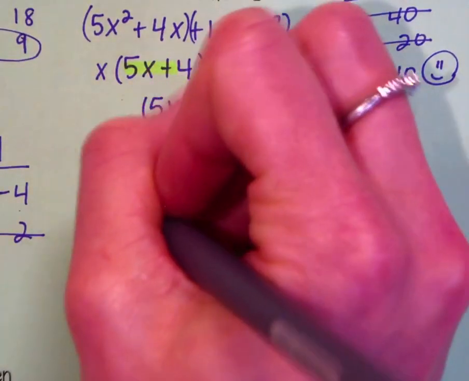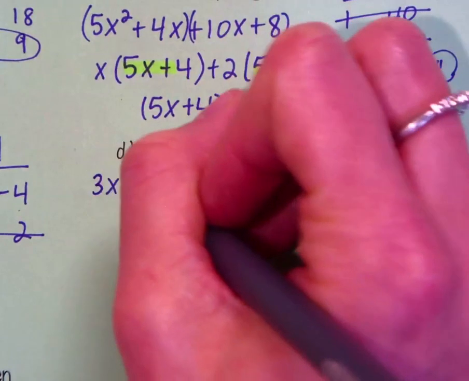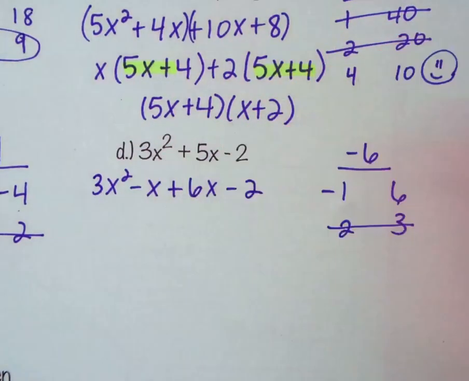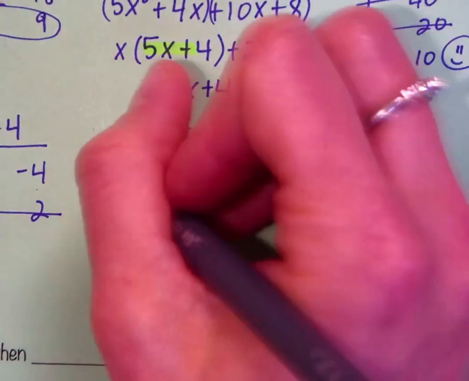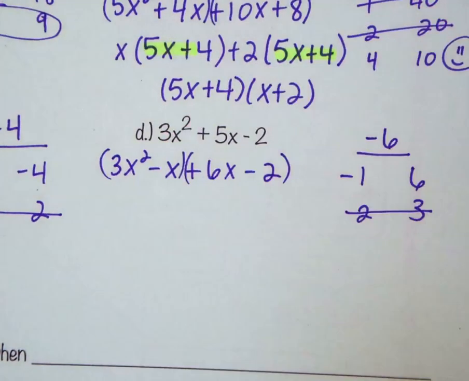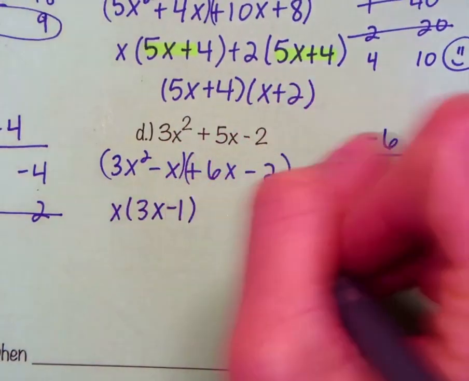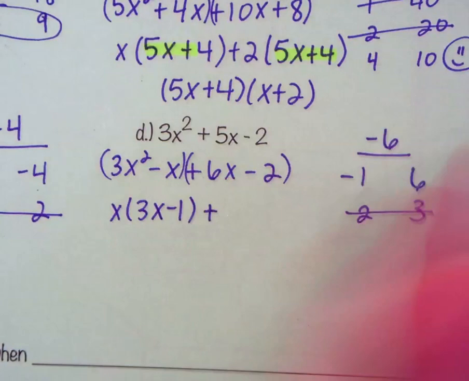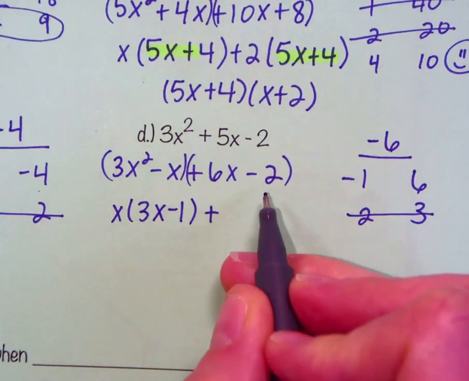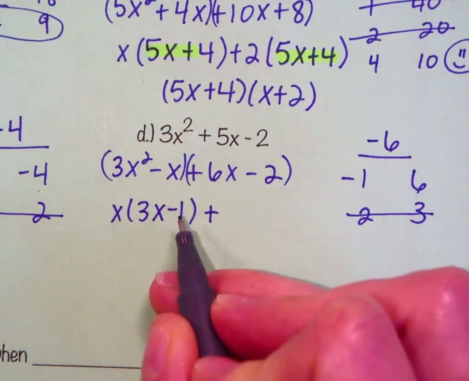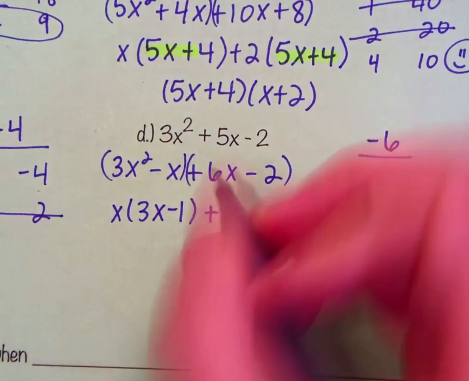Okay, so we're going to break apart that middle term. So 3x squared minus x plus 6x minus 2. Group, group. Take out the x. We've got 3x minus 1. Here, I would not take out a negative because I want this to stay negative in here.